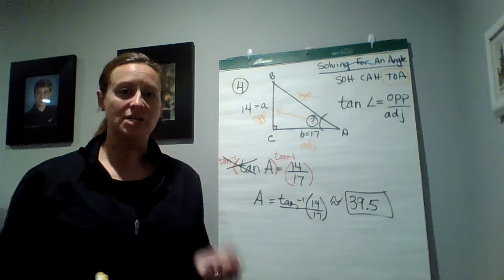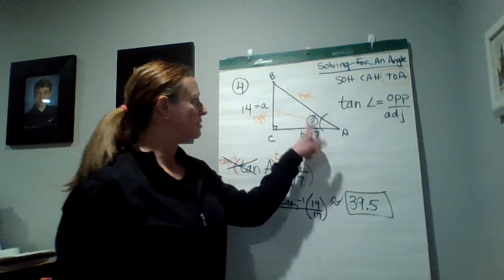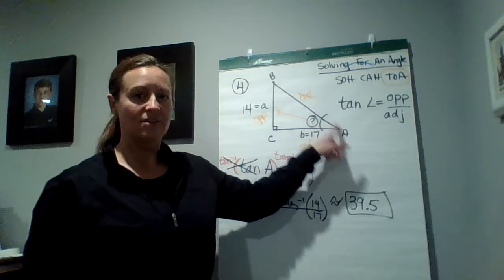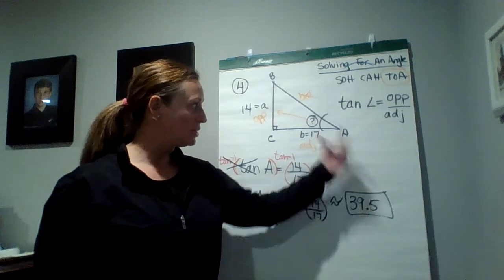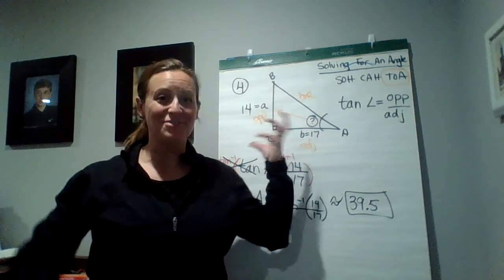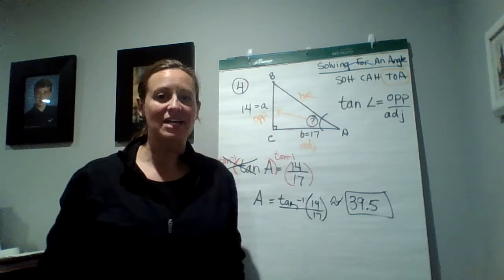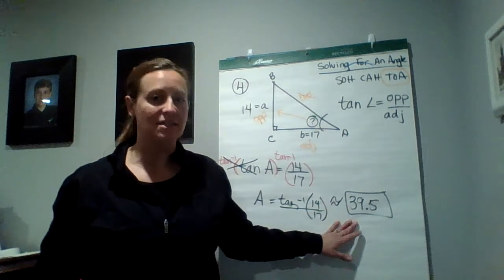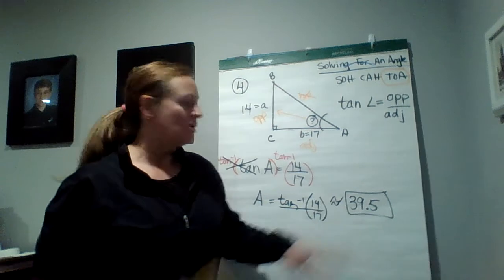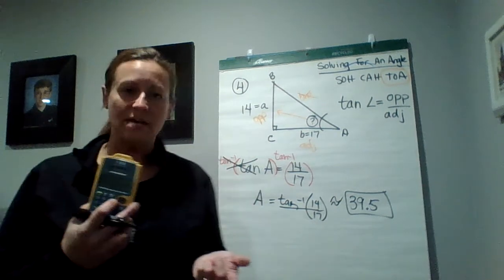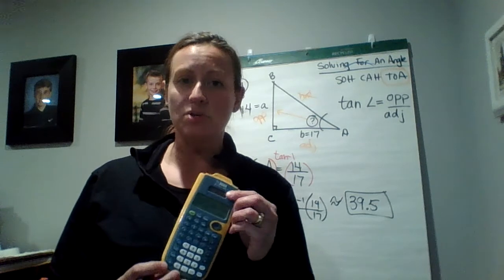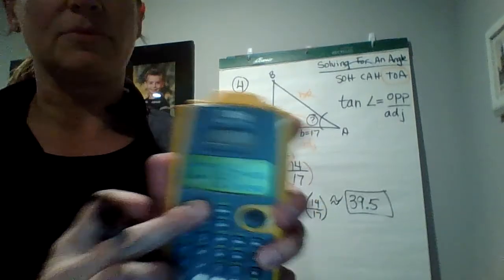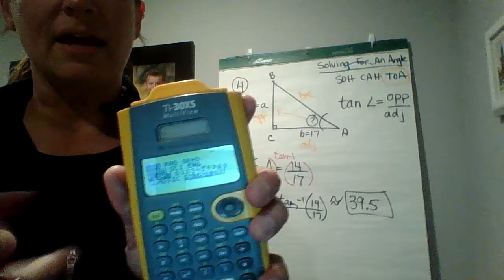Now, when we think about what we just found, we found the measure of an angle, angle A. It's 39.5 degrees. It should be acute because it's one of the acute angles of a right triangle. So always double check that what you're getting here makes sense. If, remember, I've said it a couple times now, if your number doesn't make sense, perhaps your mode is wrong. On this calculator, when I press mode, I have some options.